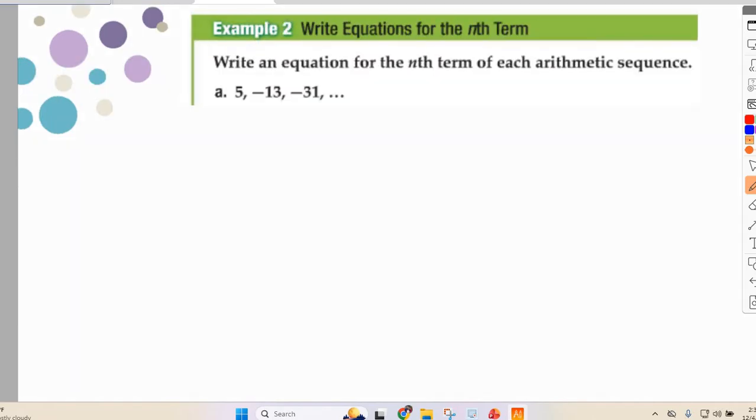This one says write the equation for the nth term of the arithmetic sequence. So this time it's not wanting us to find a particular a sub 4 or 12 or whatever. It's wanting us just to find the general formula. So we're still just using that a sub n equals a sub 1 plus n minus 1 times d.